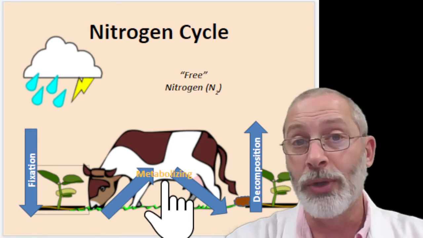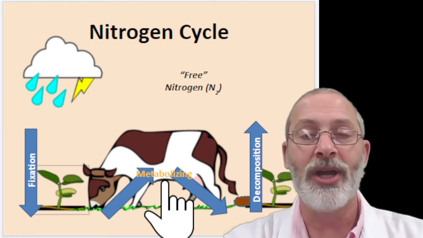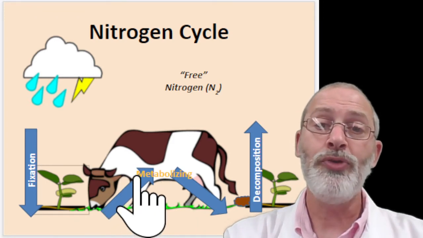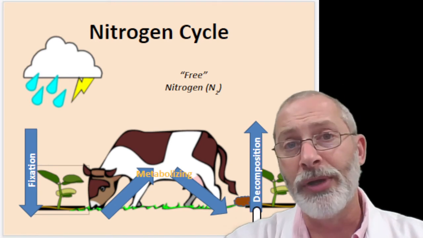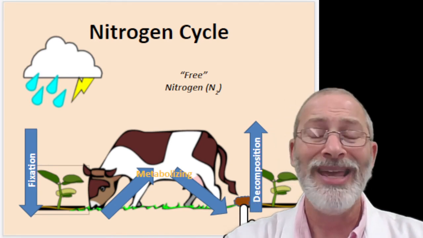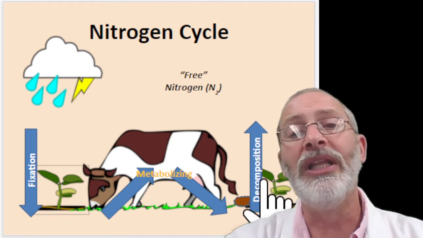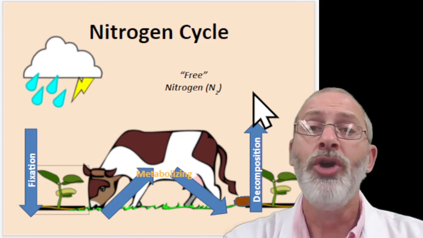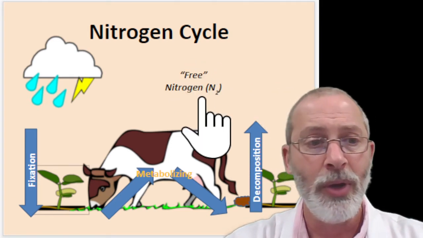We also eat plants with nitrogen compounds in them that we need as well. Then through metabolism, we release waste material like these cow pies here, and the decomposition of that waste releases free nitrogen into the atmosphere once again.